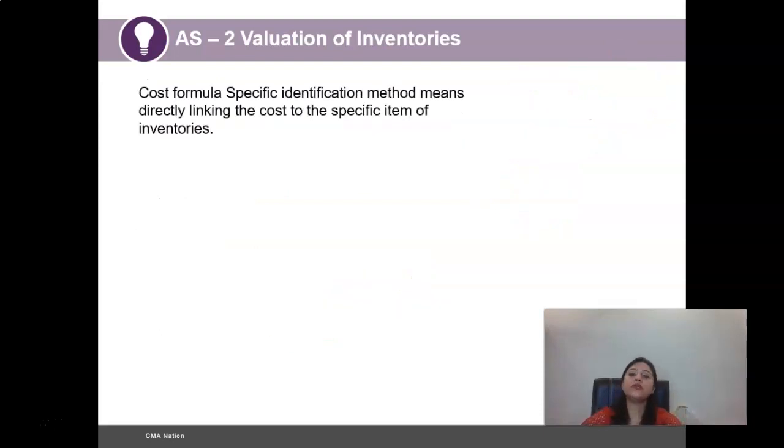Further, on cost formula, the specific identification method means directly linking the cost to the specific item of inventories, which is, I think, a better way of identifying the cost of a particular inventory.